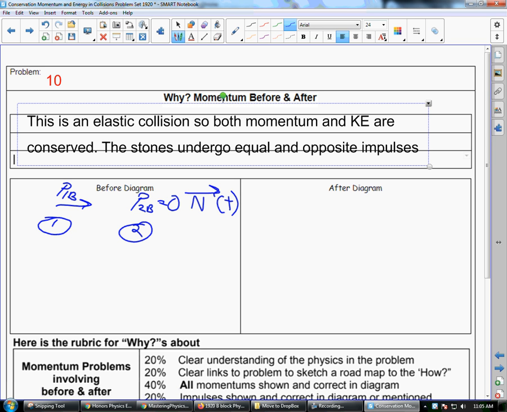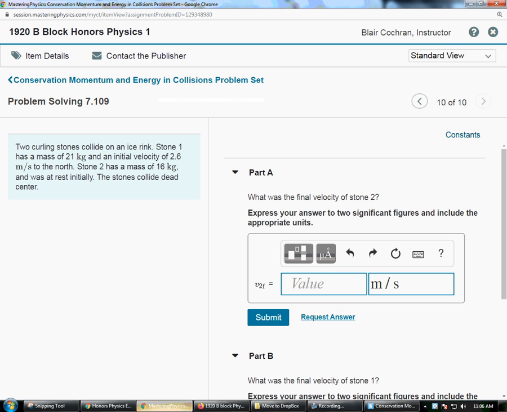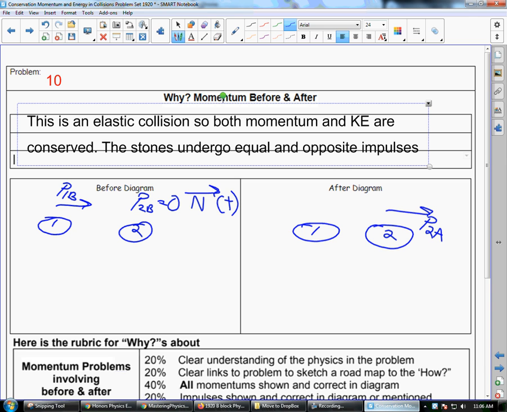And then afterwards, we've got stone number 1 and we've got stone number 2. I'm going to predict that stone number 2 afterwards is going to be moving north. And how are their masses? Let's look at it. So 21, 16. So a heavier thing is hitting a lighter thing in an elastic collision.